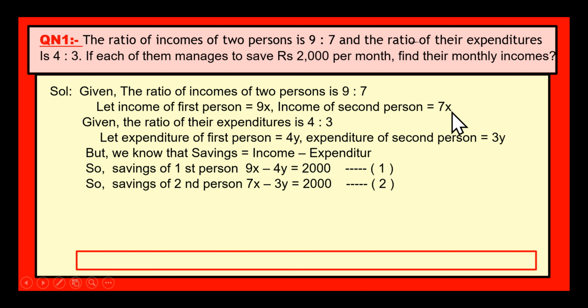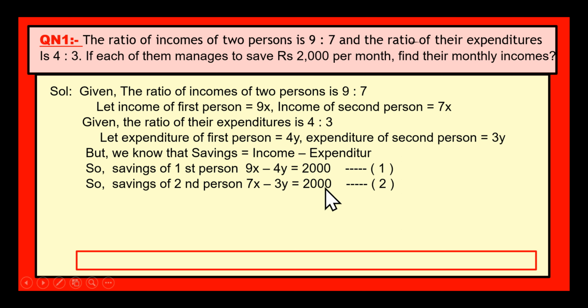Income of the second person is 7x and the expenditure of the second person is 3y. Now if you subtract expenditure from income, you will get saving. That is 7x minus 3y is again 2000 rupees. You can observe in the question that both the persons have the same saving, 2000 rupees per month. Therefore, 7x minus 3y is also 2000 rupees.